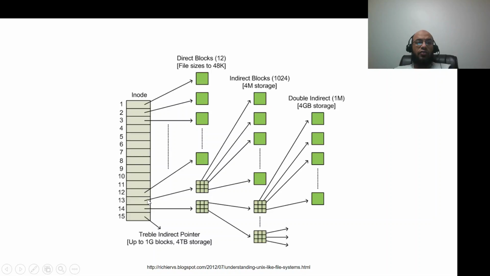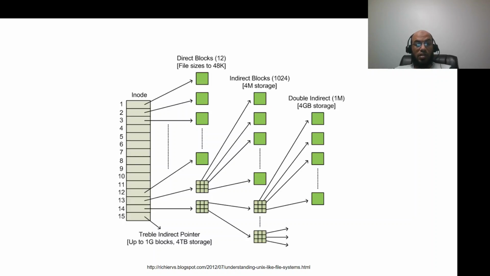And then you can have triple pointers. So block 14, you basically have 1024 pointers, and each of these 1024 blocks that you get from this indirect pointing has 1024 pointer blocks again. So this is a triple indirect pointer. So you can have up to 1 gig blocks for a 4 terabyte storage.